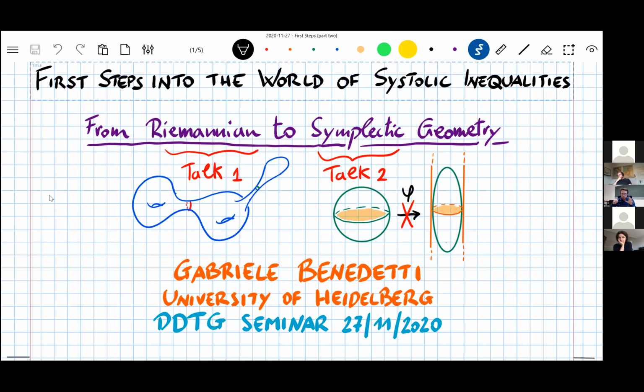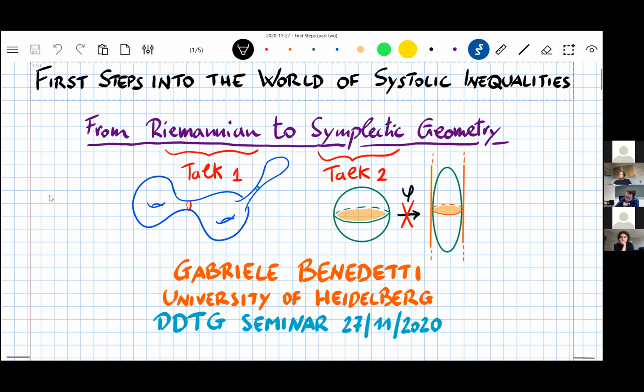One field, we will see that we can formulate some kind of inequality related to capacities in symplectic manifolds, which look very similar to the ones we saw in the first talk. And on the other side, the second thing is that we will see that the inequalities of the first talk actually can be reformulated in a symplectic language.